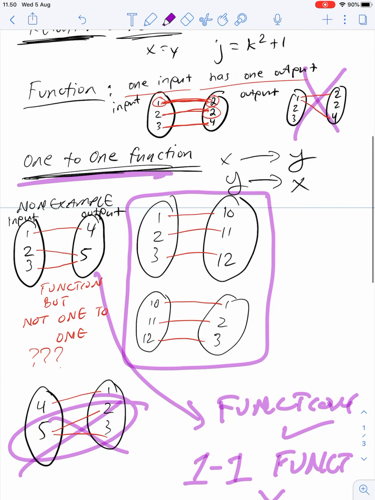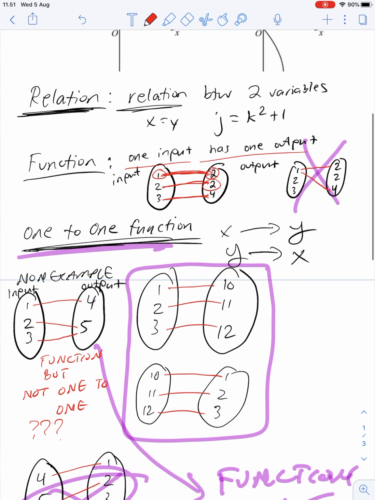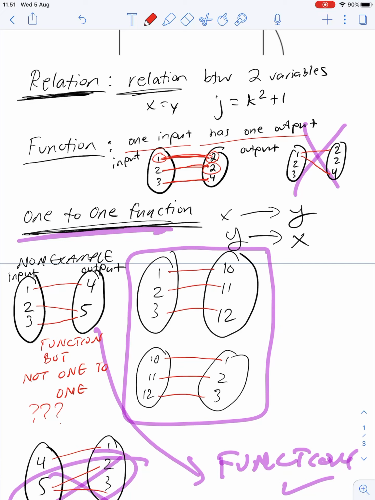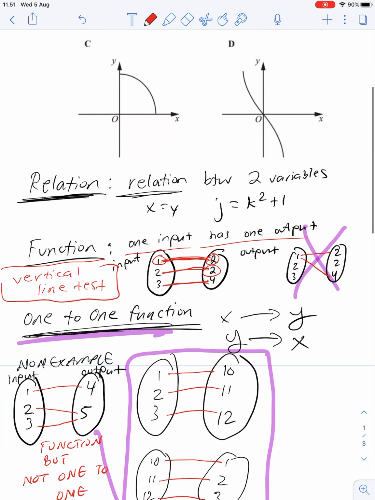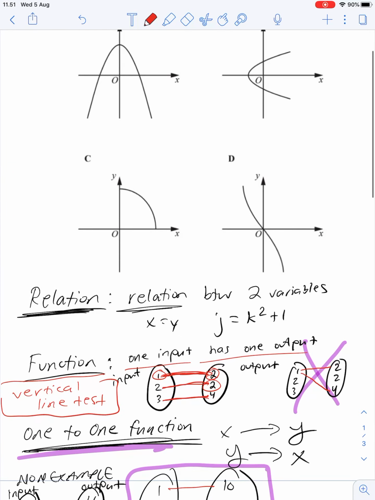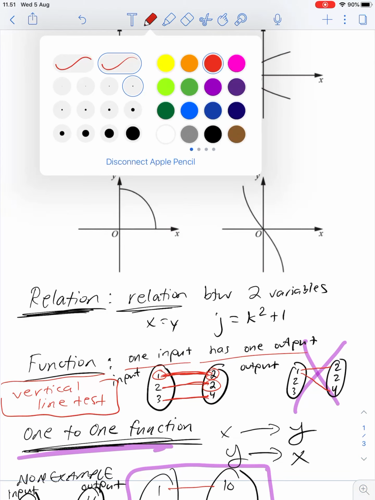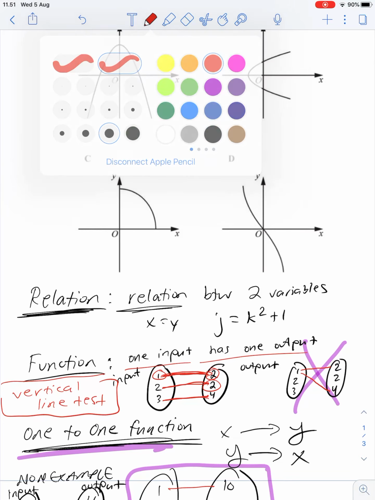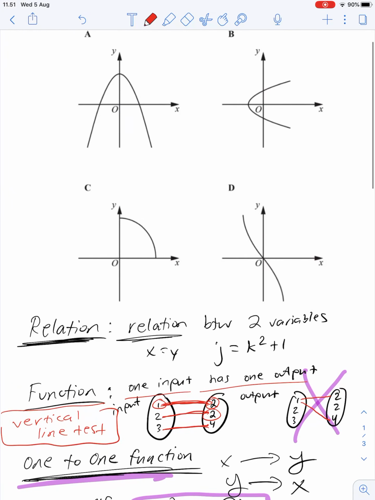Now, real quick, there are tests that are associated with each type of these functions. This is the vertical line test. If a graph passes a vertical line test, then it's a function. Here's what I mean by that. Let's say I were to draw a straight line, a vertical line, okay?